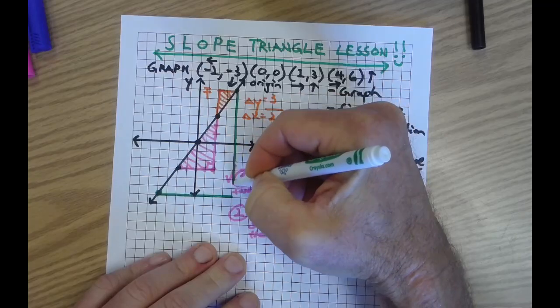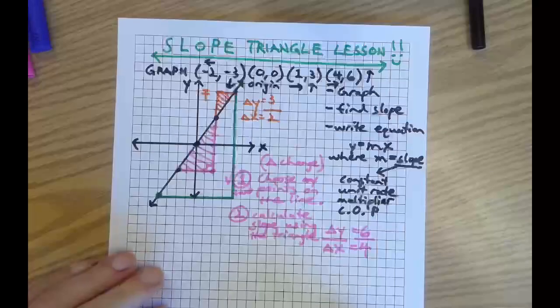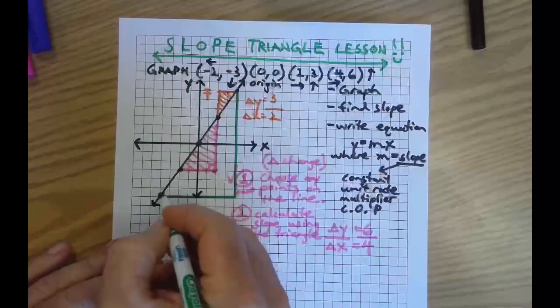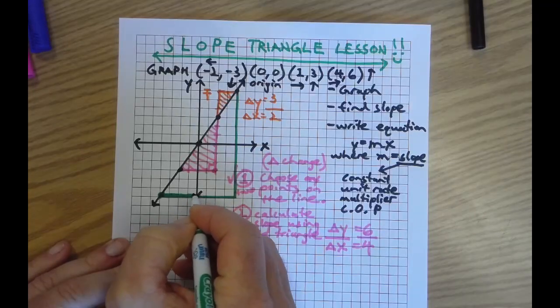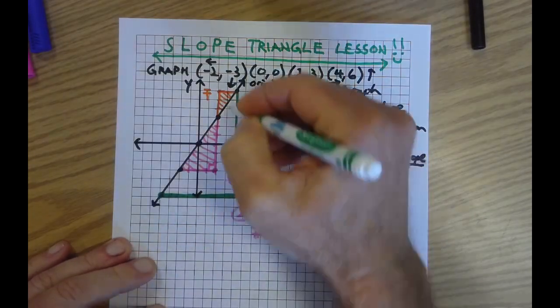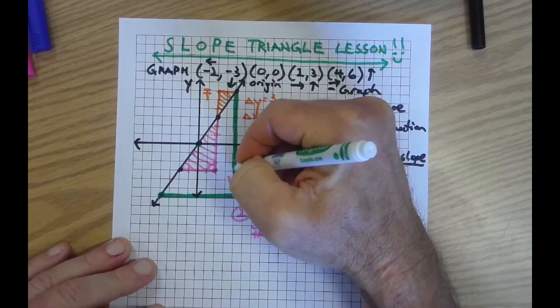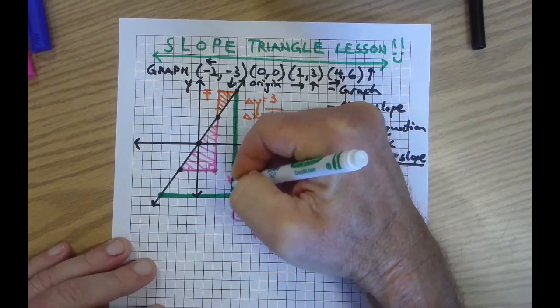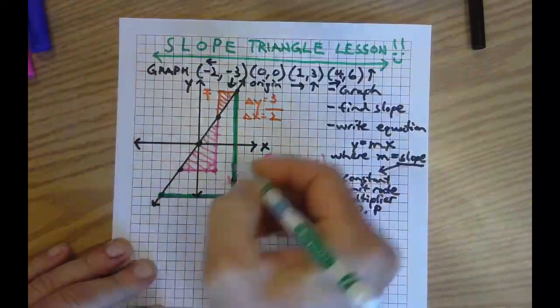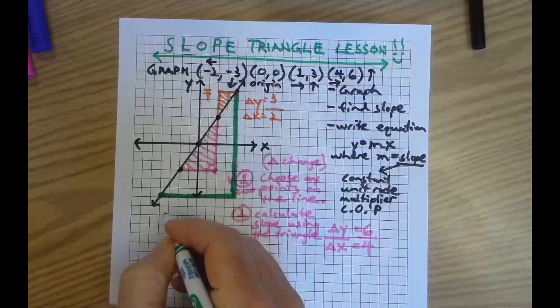And I can make this gigantic. I mean, look at that. It's huge. I'm going to make the outline bold to emphasize that. So I have this huge slope triangle. It's green, but it's going to have these same characteristics.